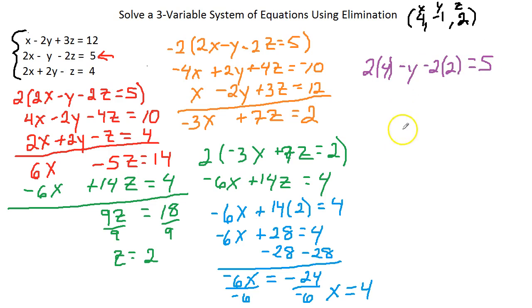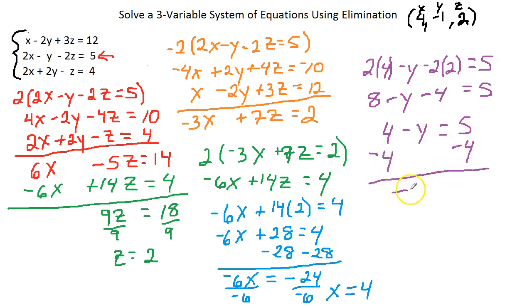Okay, the rest is simplifying. So 2 times 4 is 8, minus y. Negative 2 times 2 is negative 4, equals 5. 8 minus 4 gives you 4 minus y equals 5. Subtract 4 from each side, and I get negative y equals 1.